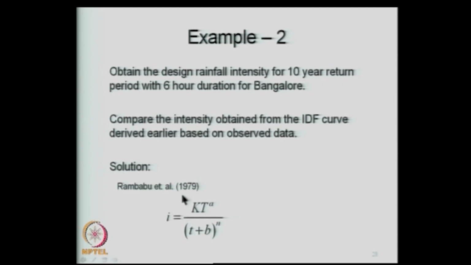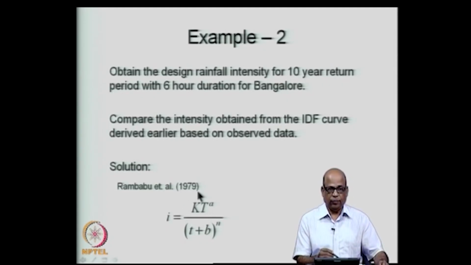Remember here, this study was carried out in 1979 with the data that was available as of that time, and they also studied 42 different rain gauges all across the country and then arrived at this, which was extremely useful.